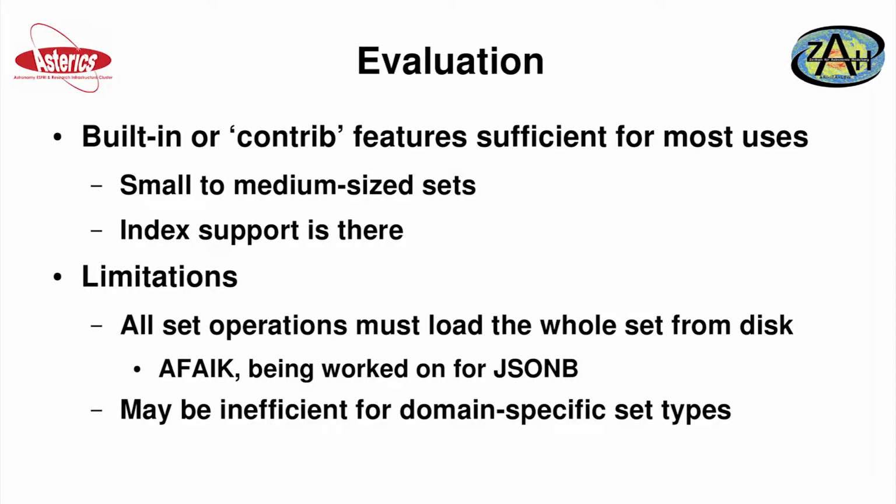And that they are quite usable as long as the sets don't get too big. So if it's in the order of tens of megabytes for one data type, I mean, this is possible in Postgres, then you probably get performance problems. But the index support is there.